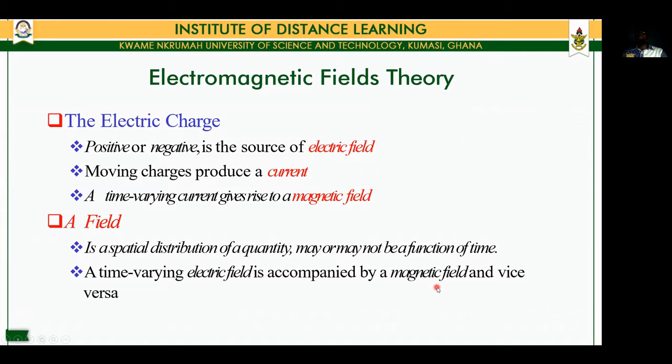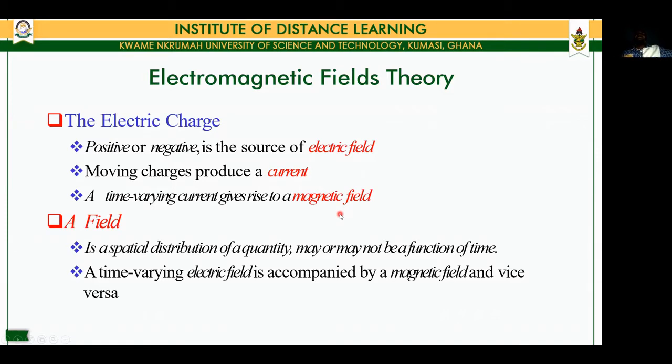And you know that the electricity that is generated, let's say from the Akosombo Dam in Ghana here, comes about as a result of coils rotating within a magnetic field, or vice versa, a magnetic field rotating around coils. So when the field is rotating, it is time changing. It will induce current in the coils. In this case, you have a magnetic field that has created what? Electricity.